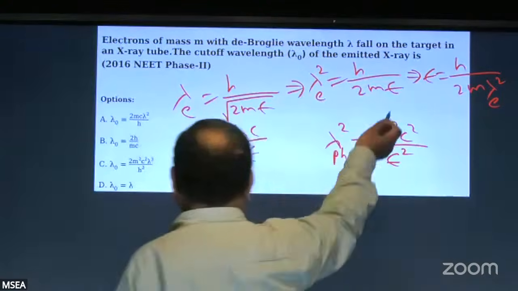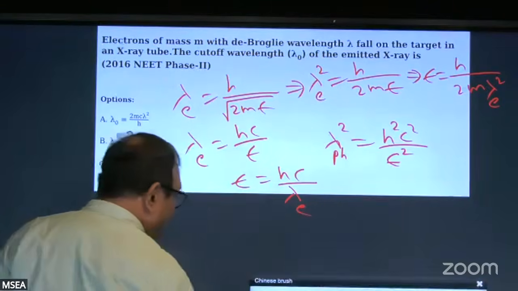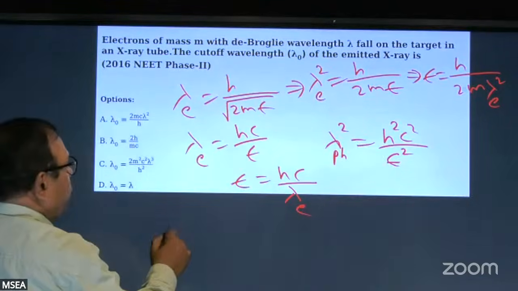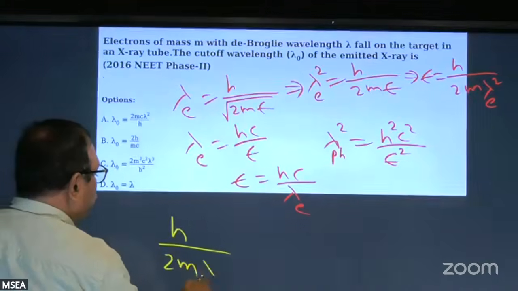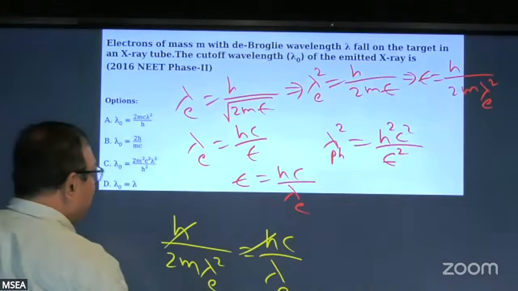Also E is equal to hc by lambda photon. So if you equate these, h square by 2m lambda E square is equal to hc by lambda photon.